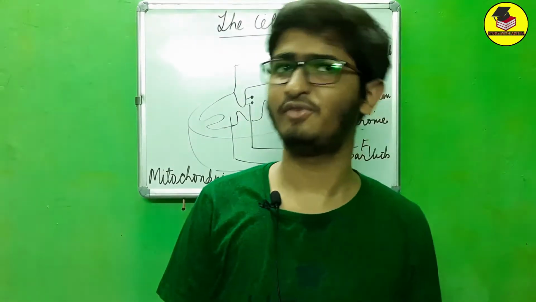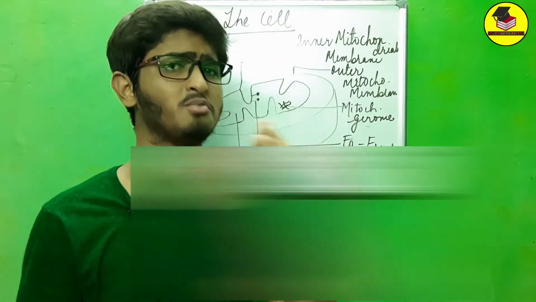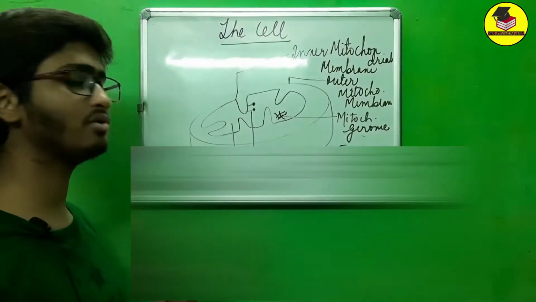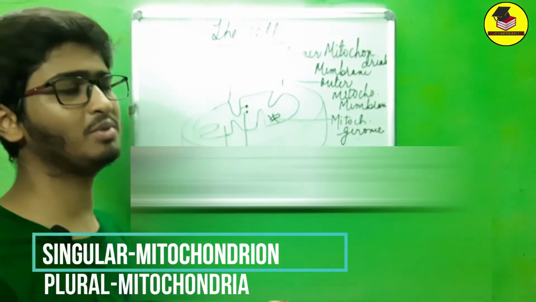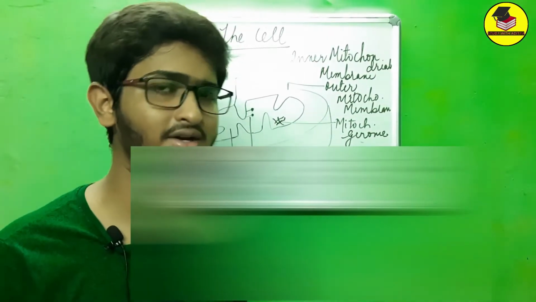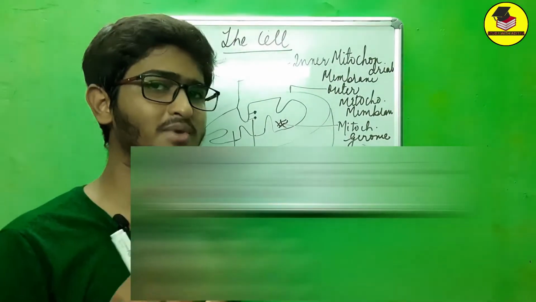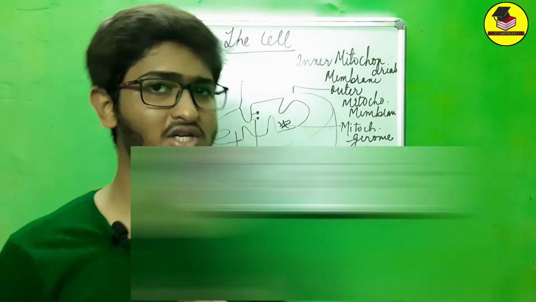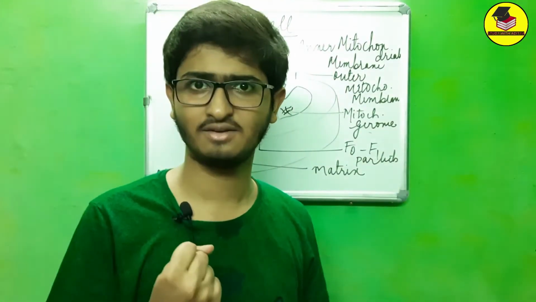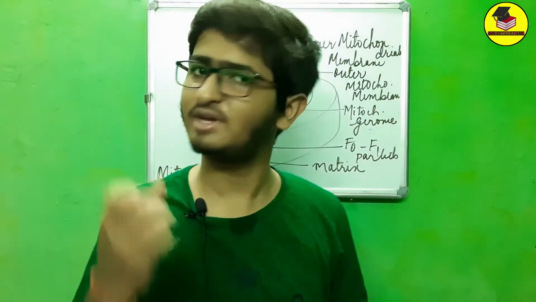Let's start with the very first organelle, one of the most important organelles when you study cytology, that is mitochondrion. In plural form we call mitochondrion as mitochondria. Now one thing you need to keep in mind, किसी भी चीज को फंक्शन करने के लिए, anything to function, one needs energy. किसी भी काम को करने के लिए we need energy.